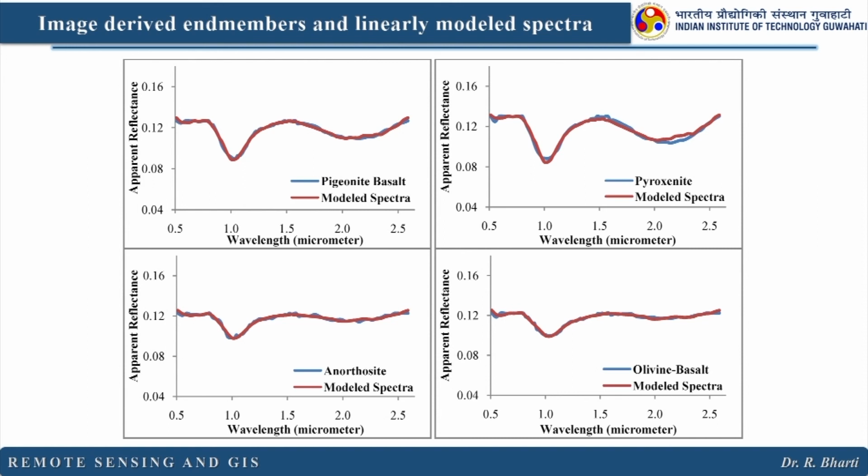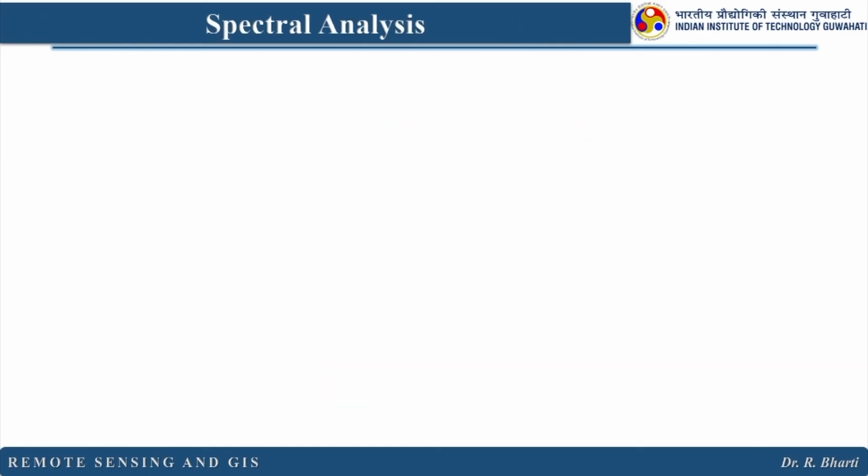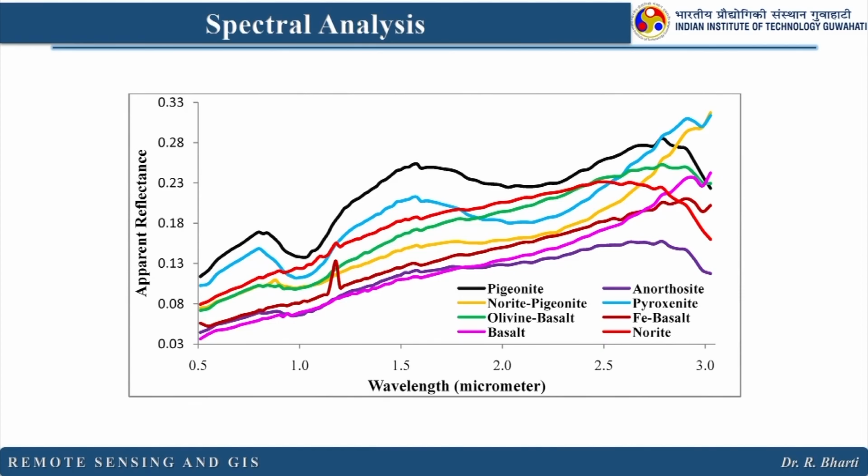Here the modeled spectra of pigeonite basalt, right, and pyroxenite modeled spectra. How are these two matching? Once you do that, you will end up with the end members classified into different rock type, mineral, vegetation or object, right. Then you can easily write these names. That is why I mentioned this in the previous slide.